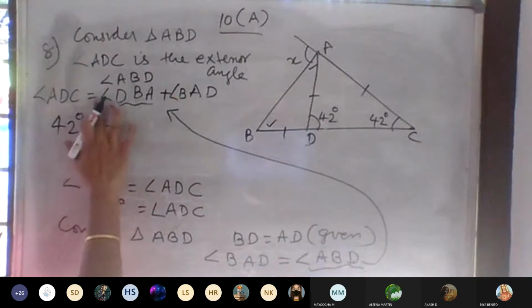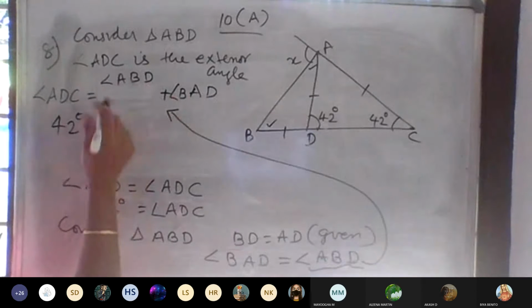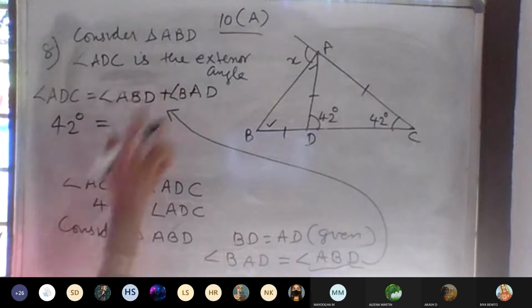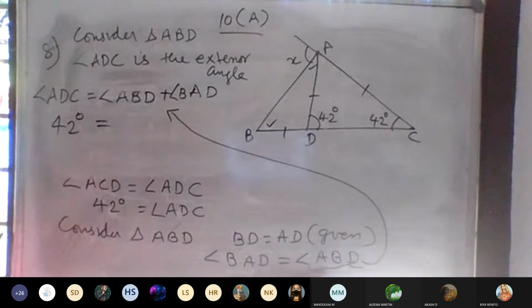So don't write DBA, it will cause confusion; write angle ABD.